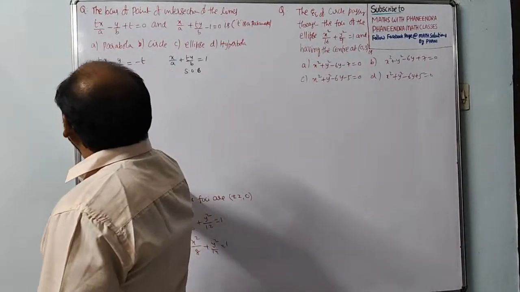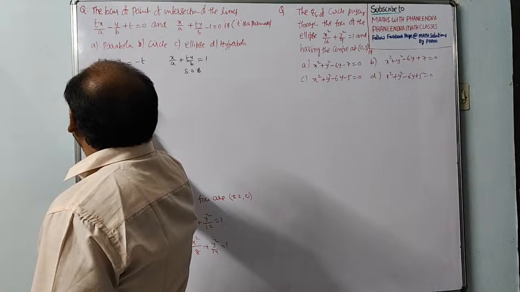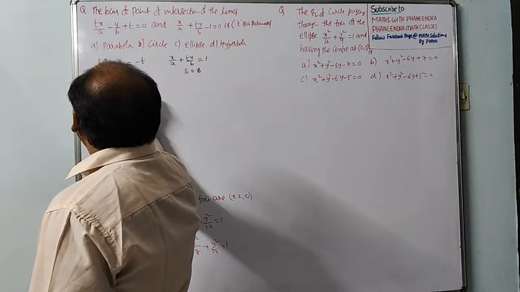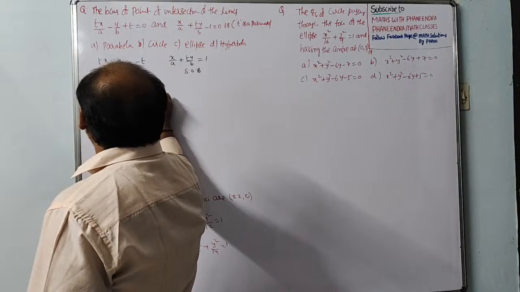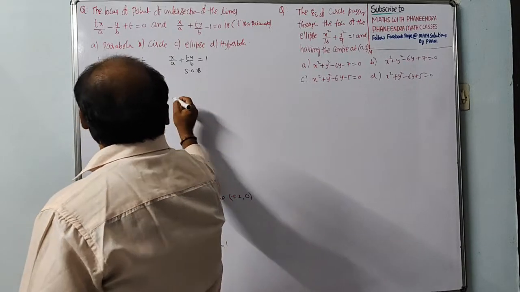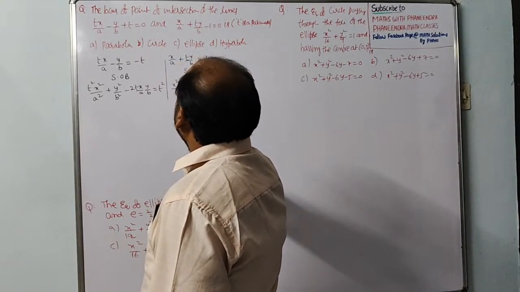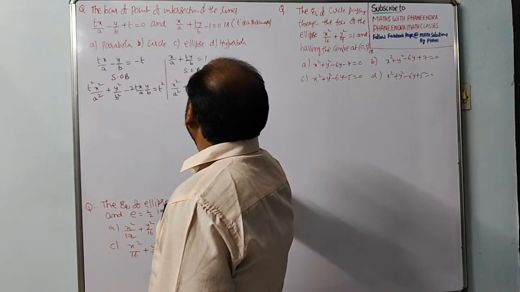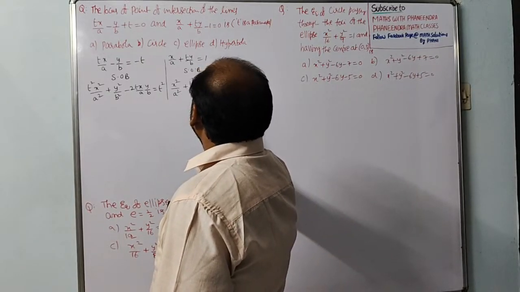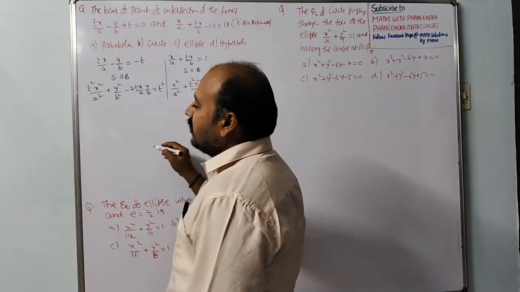Expanding, t square x square by a square plus y square by b square minus 2tx by a into y by b equal to t square, and x square by a square plus t square y square by b square plus 2txy by ab is equal to 1.